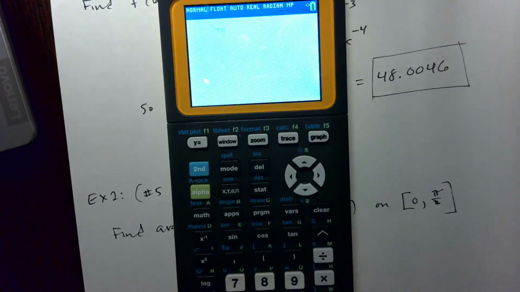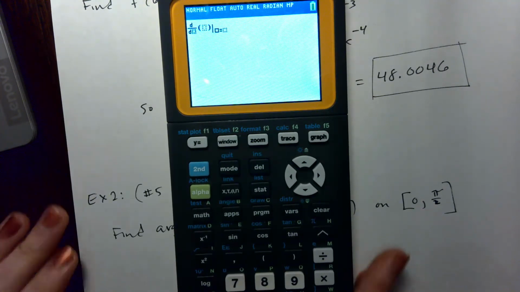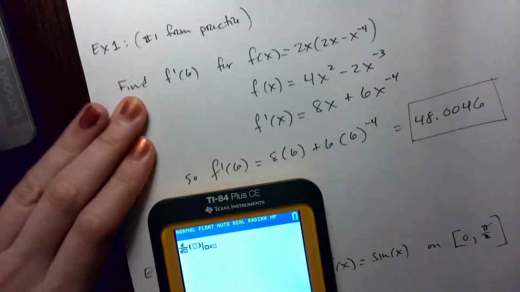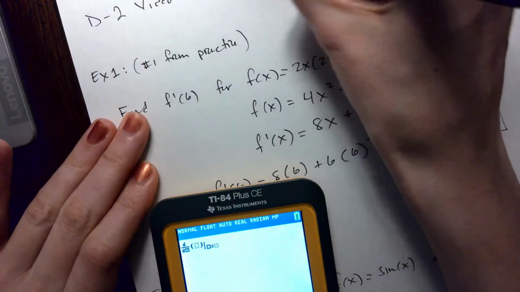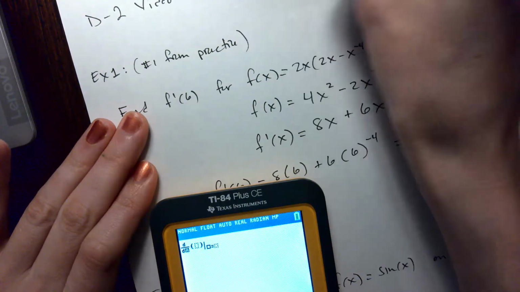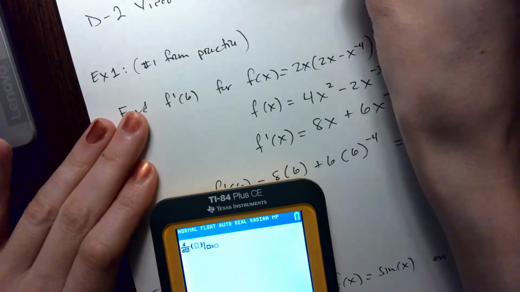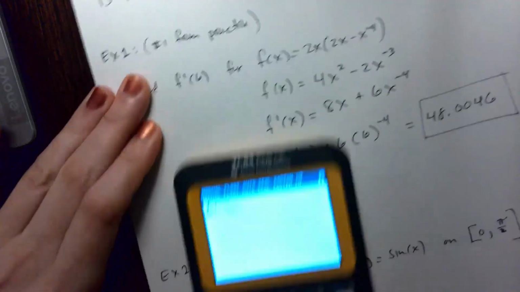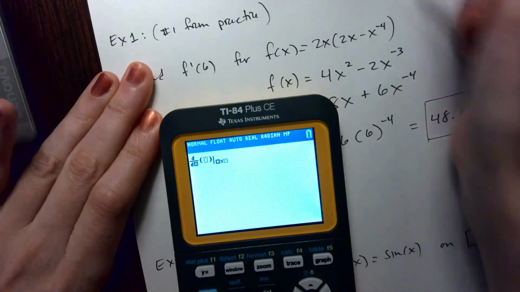So Math 8, and then it sets up like this. Let me write up here: Math, and then you hit 8, and then that's going to open up something like this.